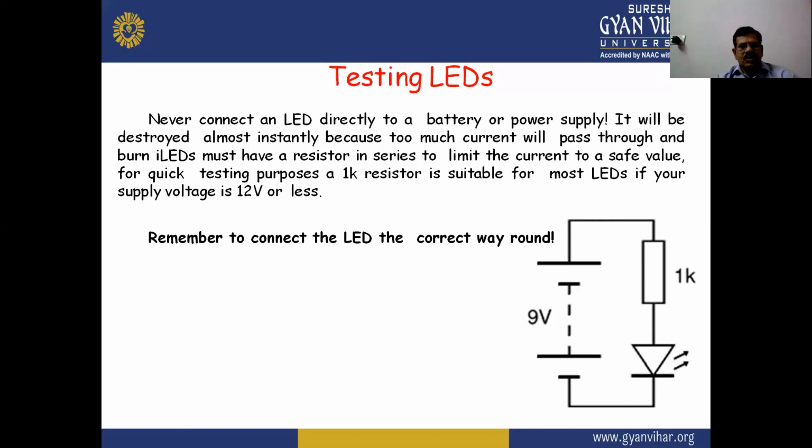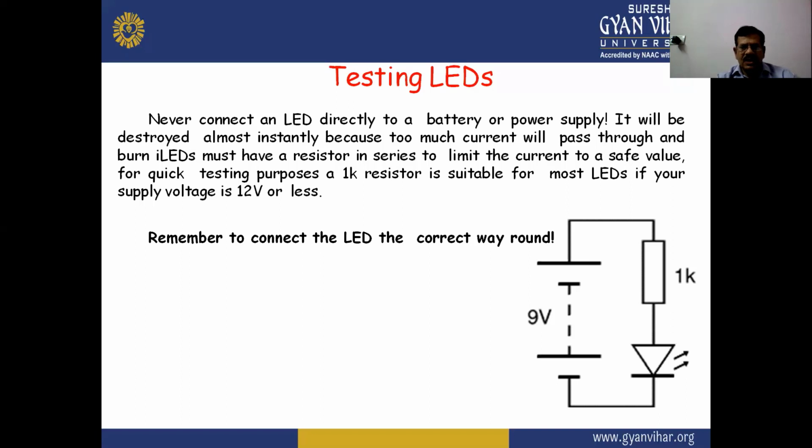So we use a resistor in series to limit the current to a safe value. For quick testing purposes, a 1 kilo ohm resistor is suitable for most LEDs if your supply voltage is 12 volts or less.